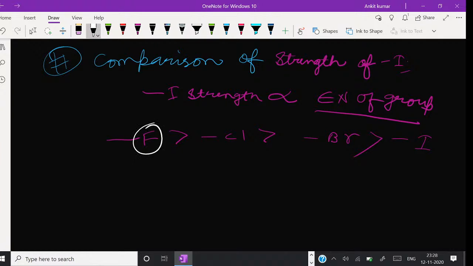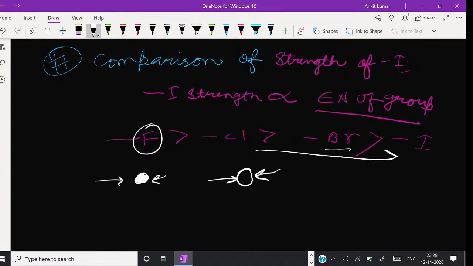Fluorine is a small size atom, dense, so it will polarize more electron towards itself. Chlorine is a little bigger but it has vacant d orbital and is more electronegative.